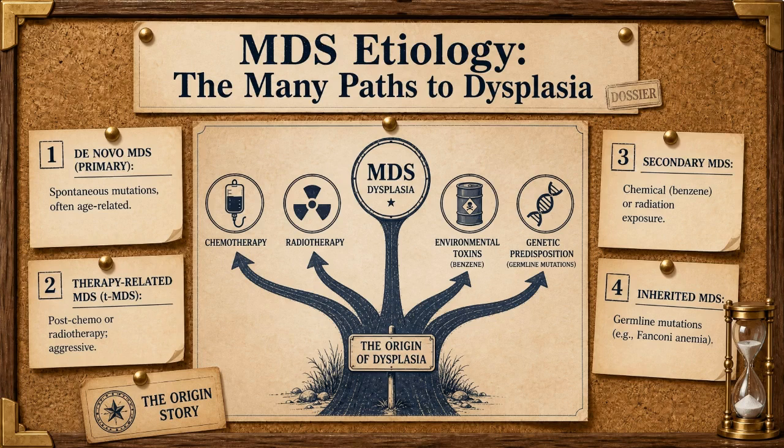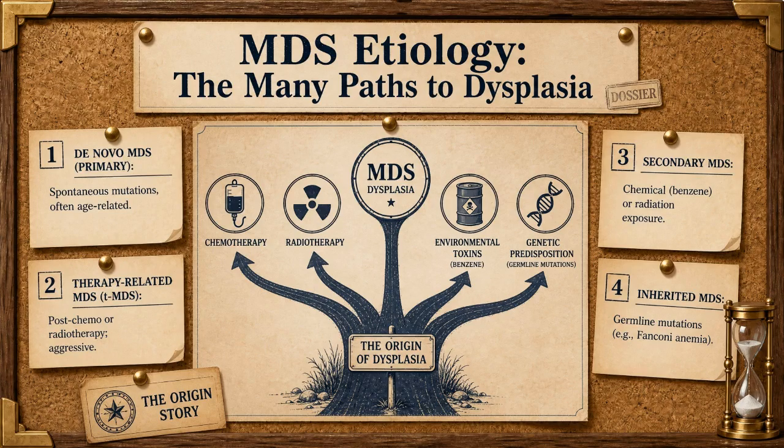This accounts for the majority of MDS cases. A particularly important category, especially in modern medicine, is therapy-related MDS, or TMDS. This develops in patients who have previously received chemotherapy and/or radiotherapy for a prior malignancy. While these treatments are life-saving for the primary cancer, they can, unfortunately, induce genetic damage in hematopoietic stem cells, leading to TMDS.